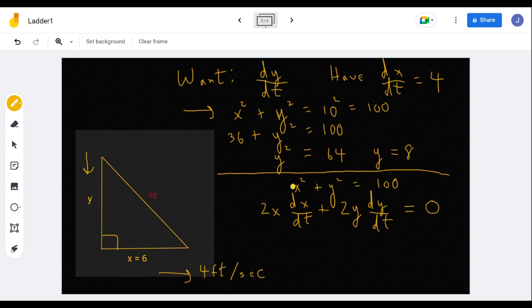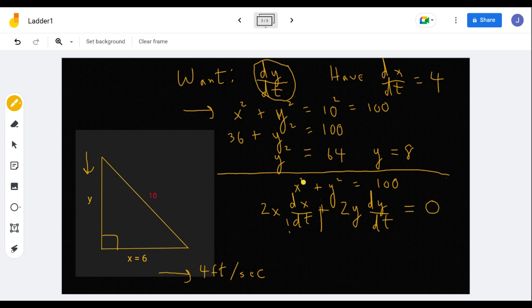And now, what do we want? We want dy/dt, right? That's what we want. So keeping in mind, this is one quantity, this dx/dt and this dy/dt. They're just our fancy way of writing the derivative of x with respect to time, the rate of change of x with respect to time, the rate of change of y with respect to time.